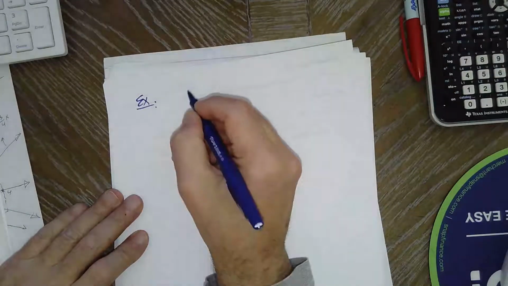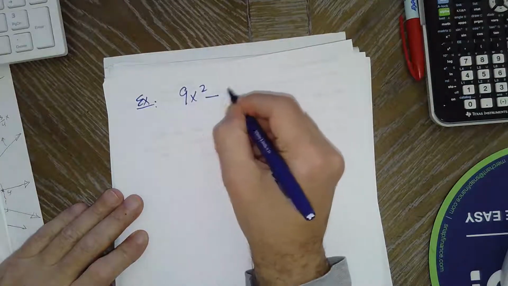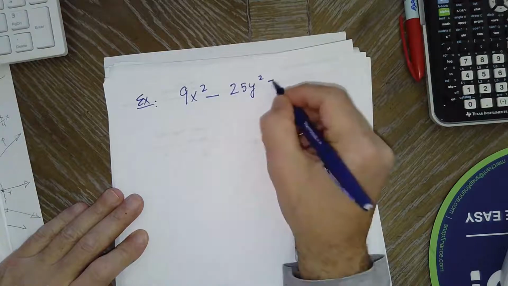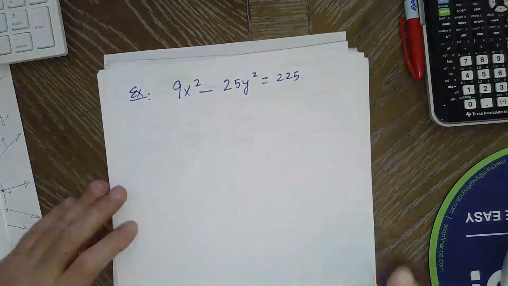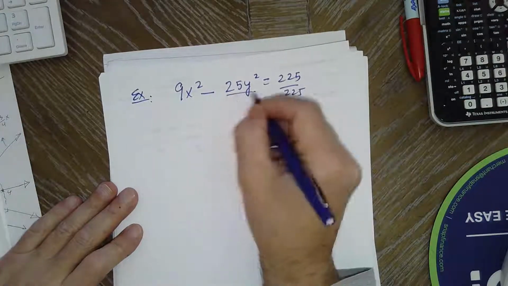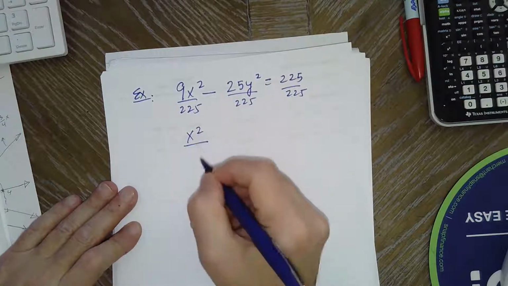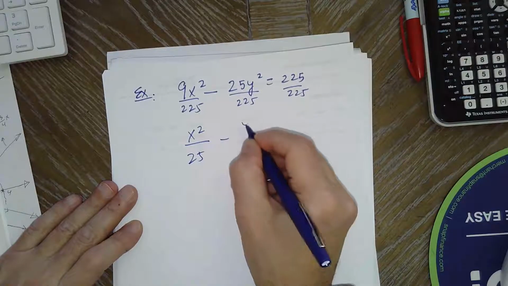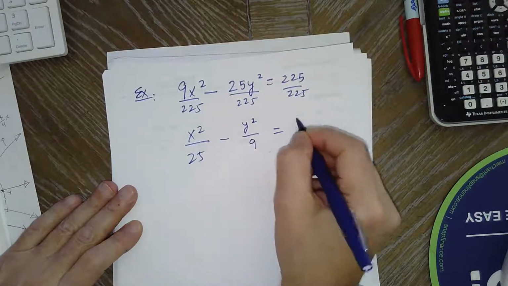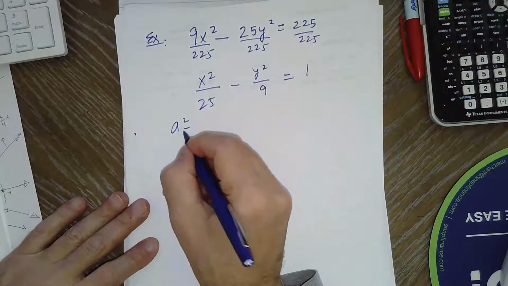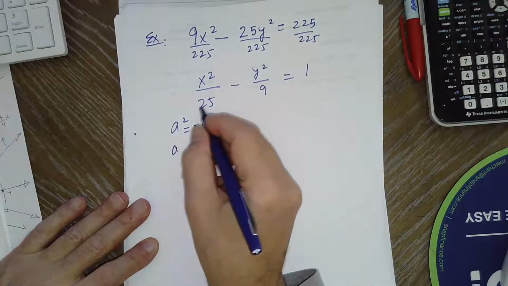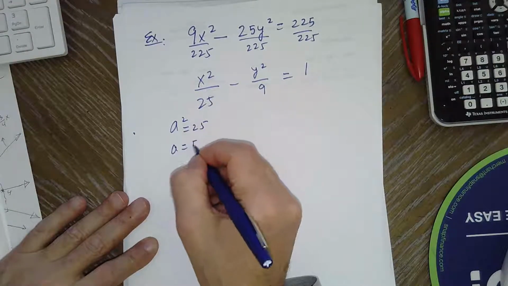Okay. So how do we graph the hyperbola? 9x squared minus 25y squared is 225. Let's divide by 225. Put it in standard form, so that's x squared over 25 minus y squared over 9 equals 1. So a squared is 25. a is always the positive value in this case, okay?